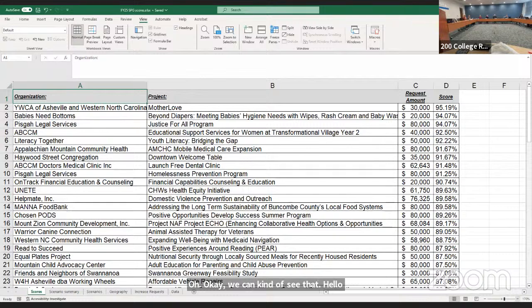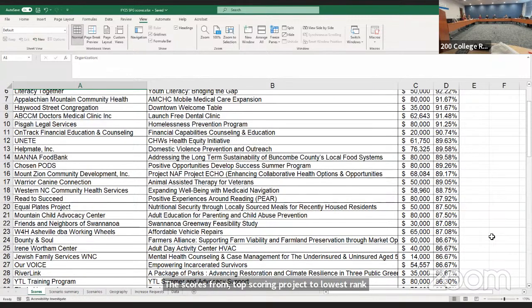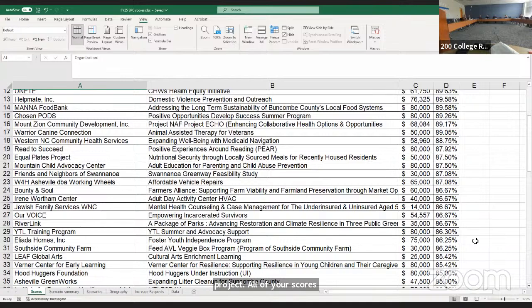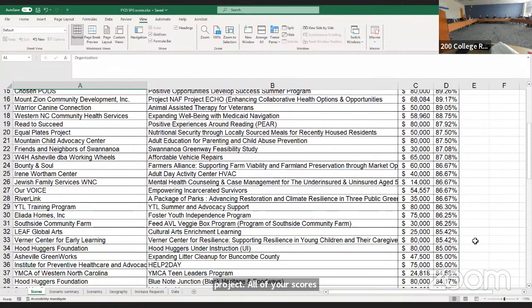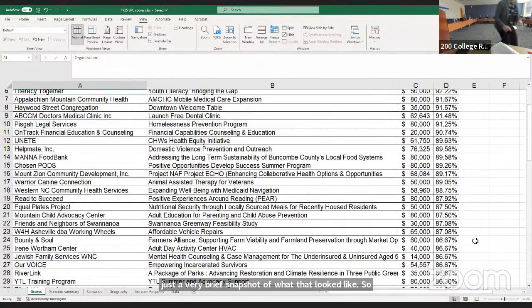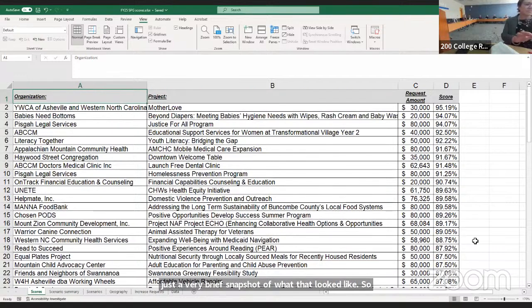So on the first tab, we have the scores from top scoring project to lowest scoring project. And that is an average of all of your scores. So we wanted to provide just a really brief snapshot of what that looked like. So you have the organization, their project, the amount requested for that project, and the scores that you all provided.